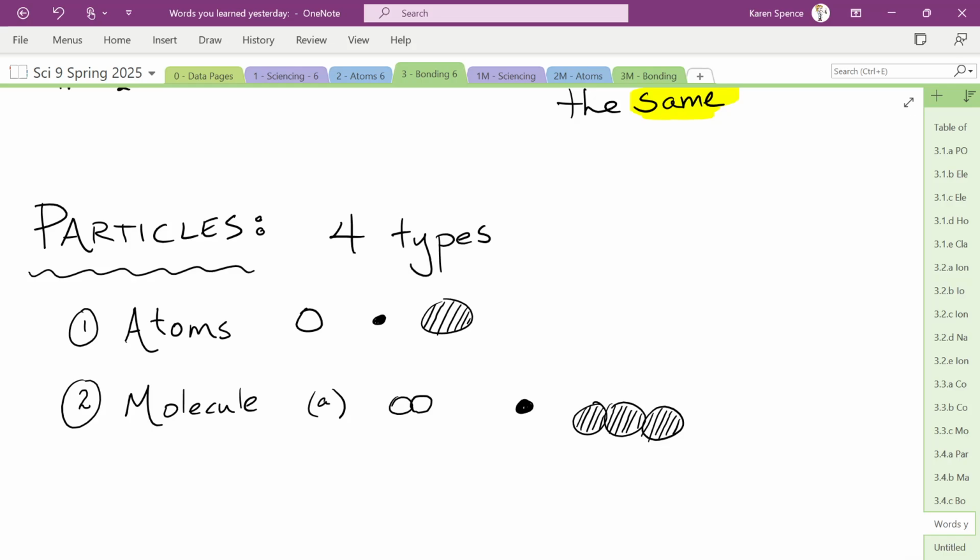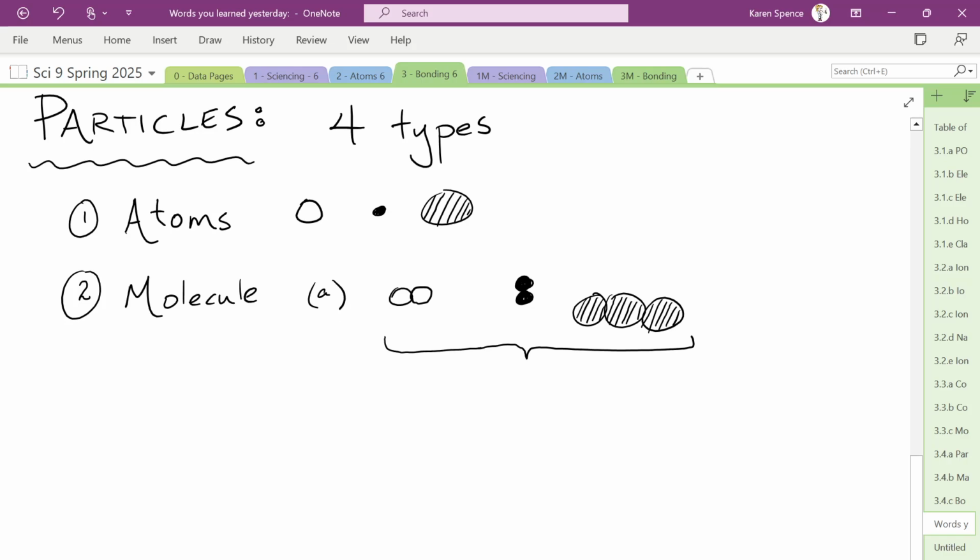What can you say about all of these molecules? Oh no, I'm sorry, I'm such a dummy. That's not a molecule, that's a molecule. There we go. What is true about all of those molecules?